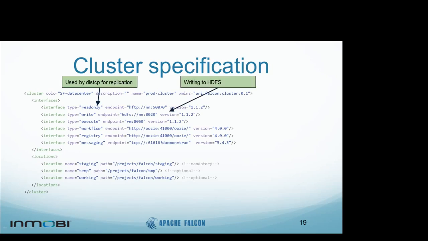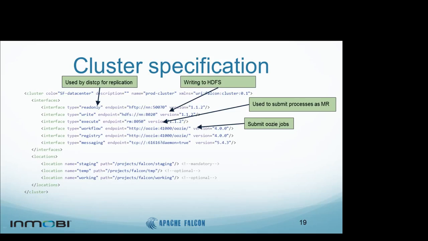Then there is a write endpoint for the cluster, which is for writing data to HDFS. It's required for that use case. Then there is a workflow endpoint. By default it uses the default one, but you can choose your own workflow engine and provide that endpoint.